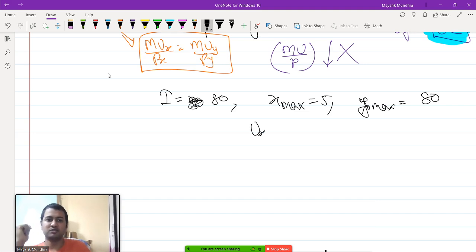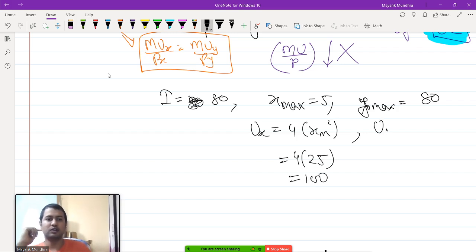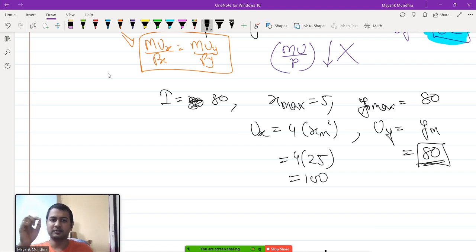So utility from just x will be 4 times x max square, which is 4 times 25, equal to 100, and utility from just y will be equal to y max, which is 80. So now consuming just y gives you lower utility. In this situation he will consume only x.